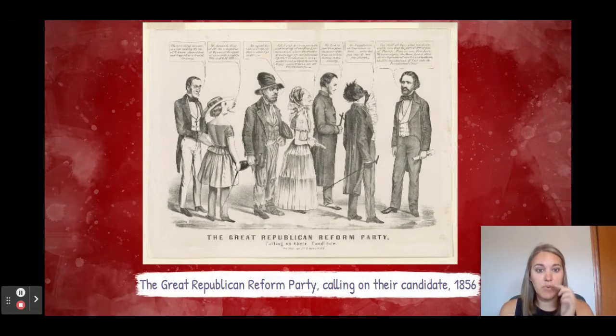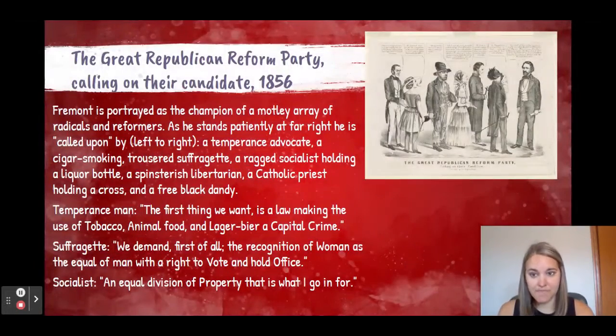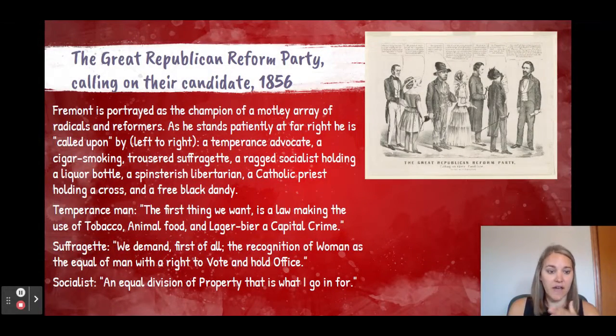So here is a pretty famous political cartoon of the Great Republican Reform Party calling on their candidate. I've got a couple more slides to dive into what you're seeing here. So Fremont is on the far right of the image, and he is being talked to by a variety of people who want to describe what they hope he will get for them.